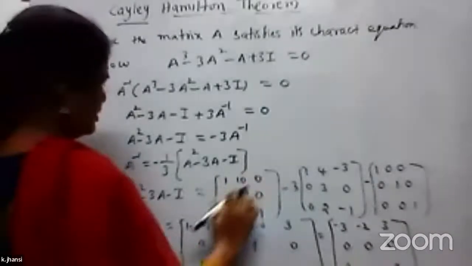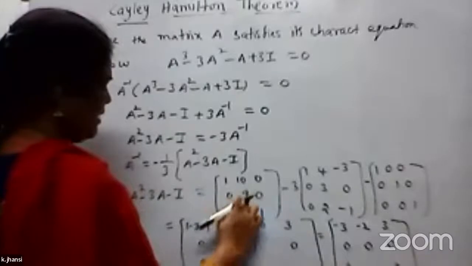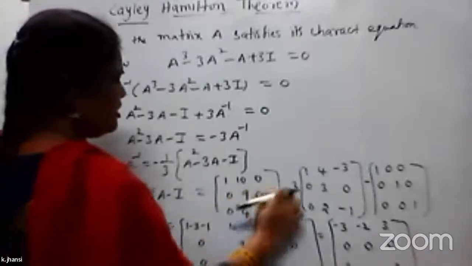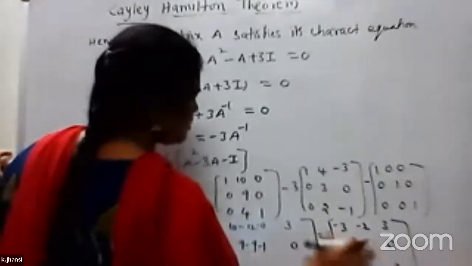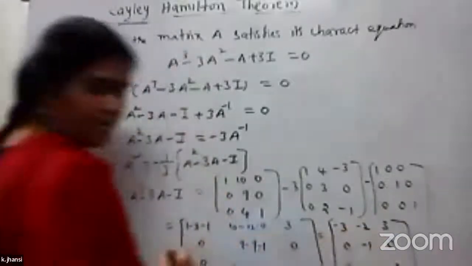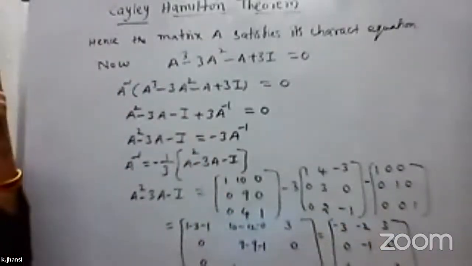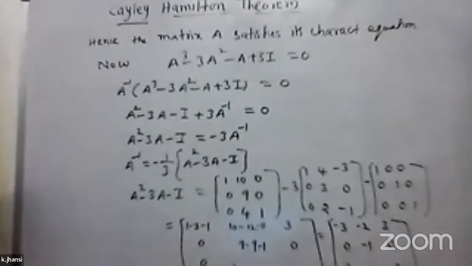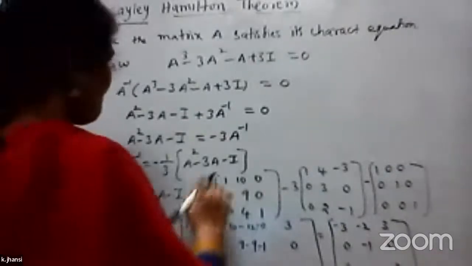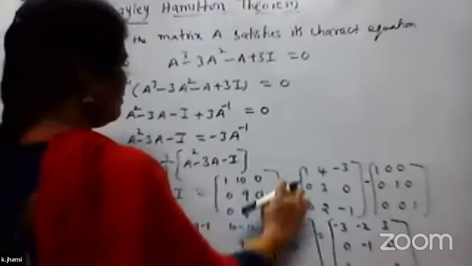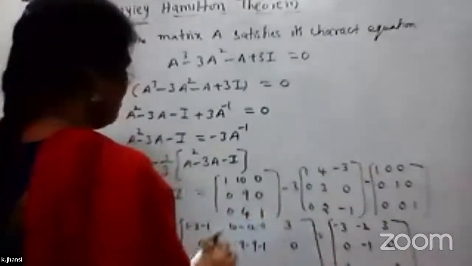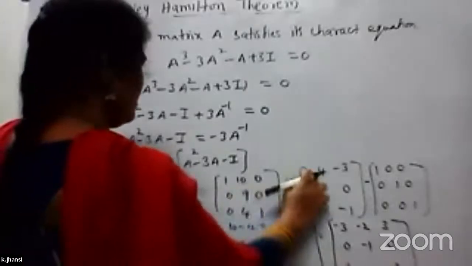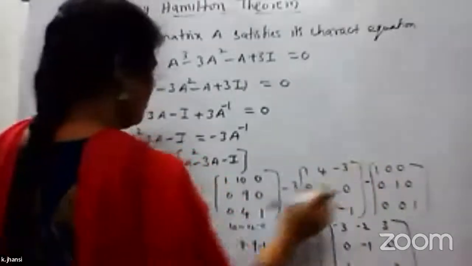Here see middle term 9 minus 9, here minus 1 is there. We have followed that one, so it is minus 1. So 3, 2, minus 1, 10, minus 12, 0.